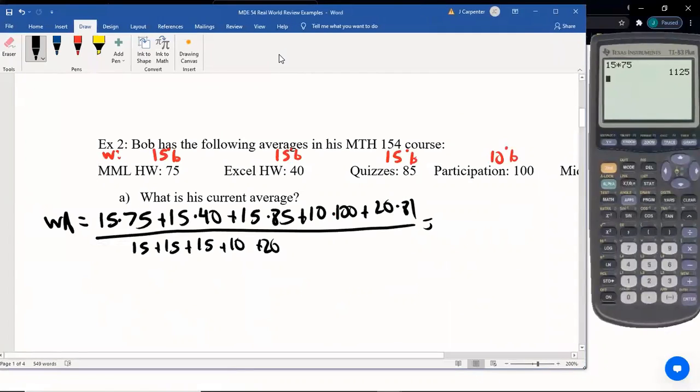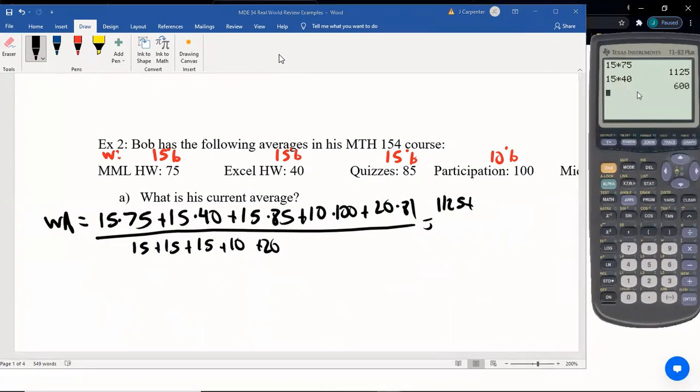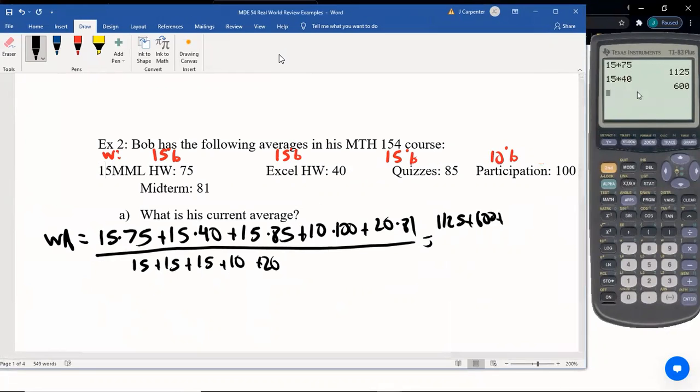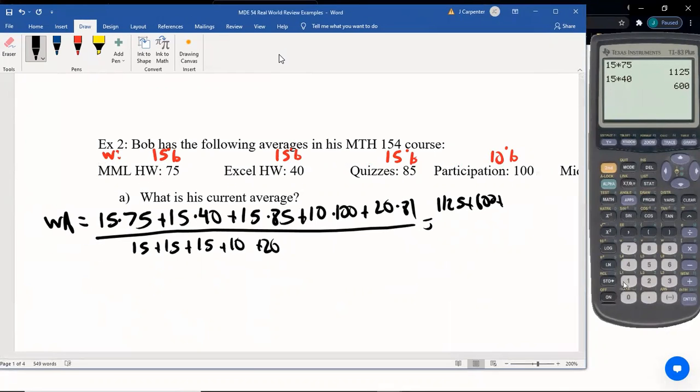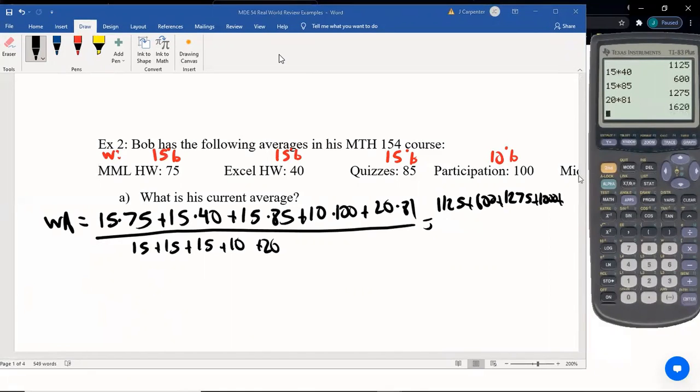So 1125 plus the 15 times our 40, which is going to be 600, plus the 15 times 85. That's going to be 1275. Then the 10 times 100 is obviously 1,000. The 20 times the 81 is going to be 1620.